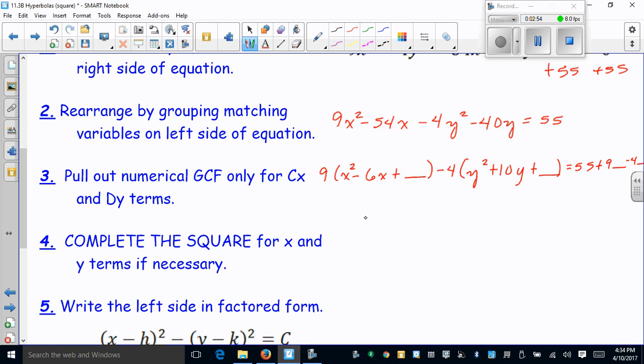So I have 9 times x squared minus 6x plus, and then this is going to be 6 divided by 2 squared, so 3 squared, minus 4 times y squared plus 10y, and this 1/2 of 10, so 10 over 2 squared is going to give me plus 5 squared equals 55 plus 9 times 3 squared is 9 minus 4 times, and 5 squared is 25, so 25.